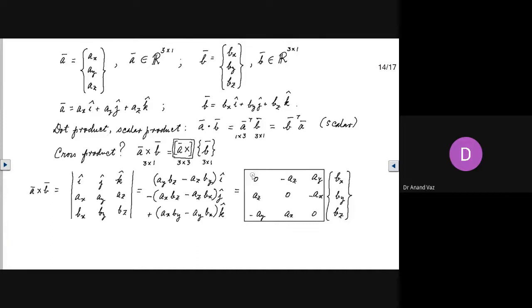Now you have got a matrix here. It's a 3 by 3 matrix, and you can see that the components of this matrix are obtained from the elements of the vector A. If you look at this matrix, this is our A cross matrix.